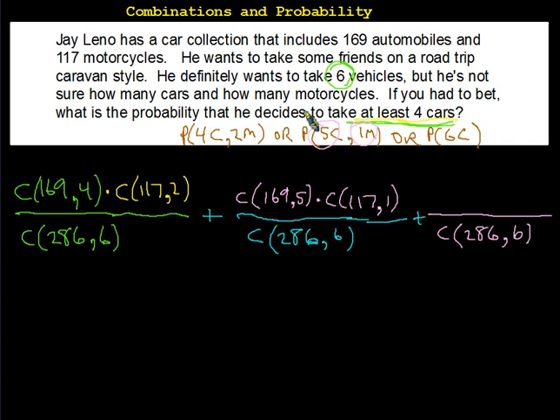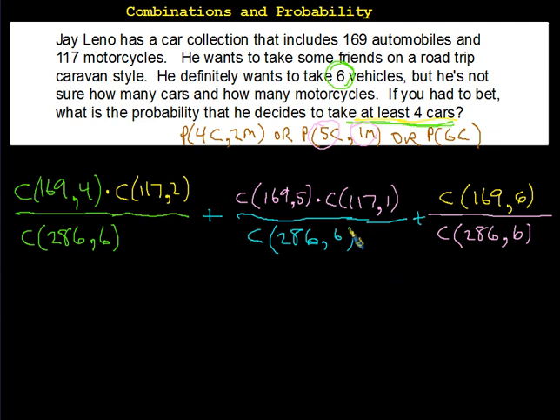And then let's look at specifically how many different ways could we choose just 6 cars, and there's only 169 cars, so we can only do C(169, 6). And when we add up all those probabilities, it'll be kind of interesting. You do get a fraction. With all of this, you get a number that's less than 1, between 0 and 1.